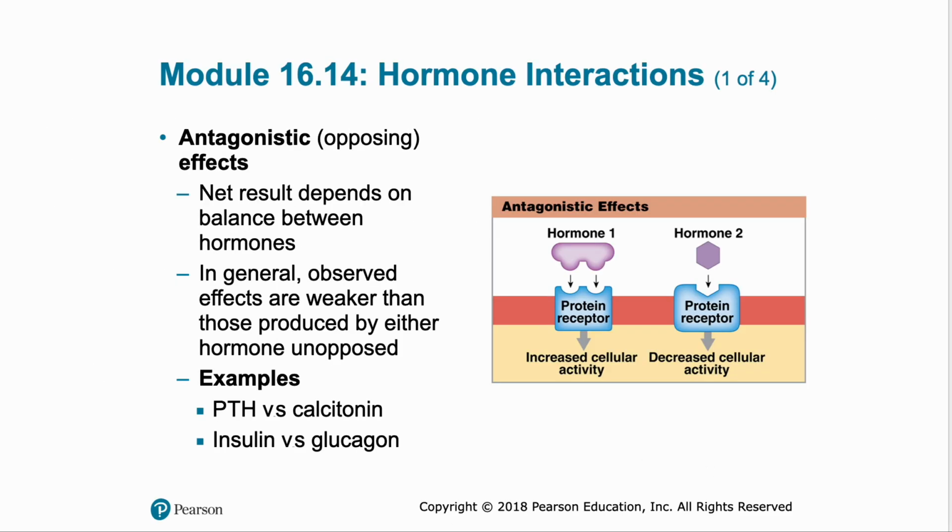Okay, so real quickly, let's talk about each of those individually. Here's that antagonistic effect. Some examples would include PTH and calcitonin. Based on how much of either one of them is binding to receptors, it is going to send the cellular activity in one direction or the other, but those effects will be opposite one another.